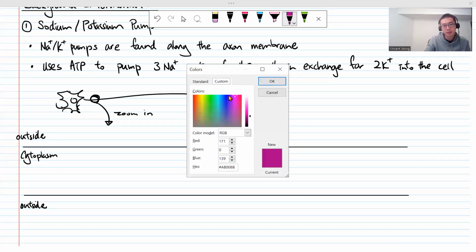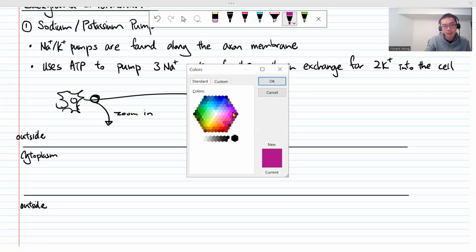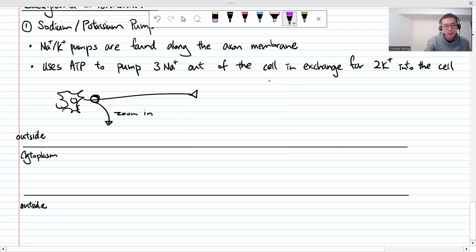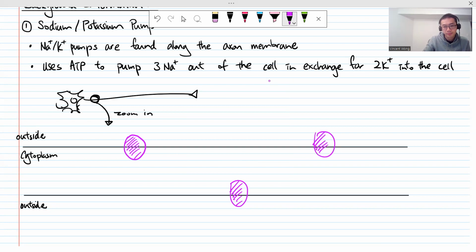Here is going to be our sodium potassium pump. There we go, a bunch of them.